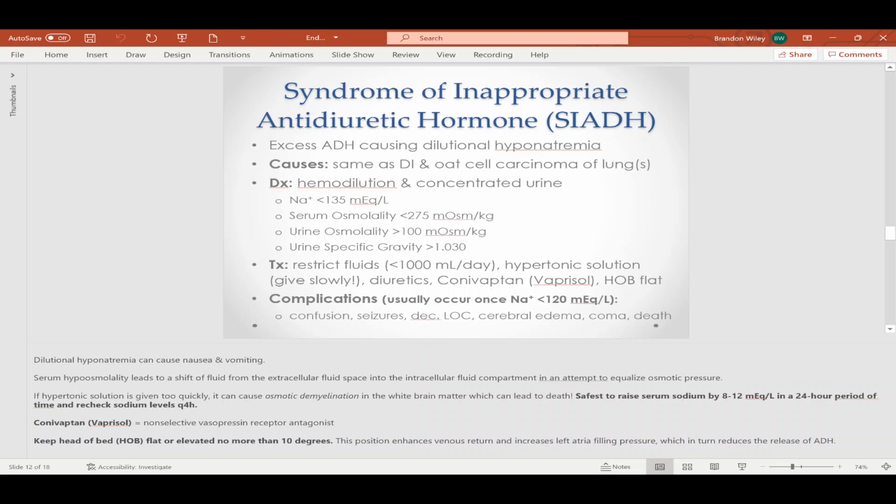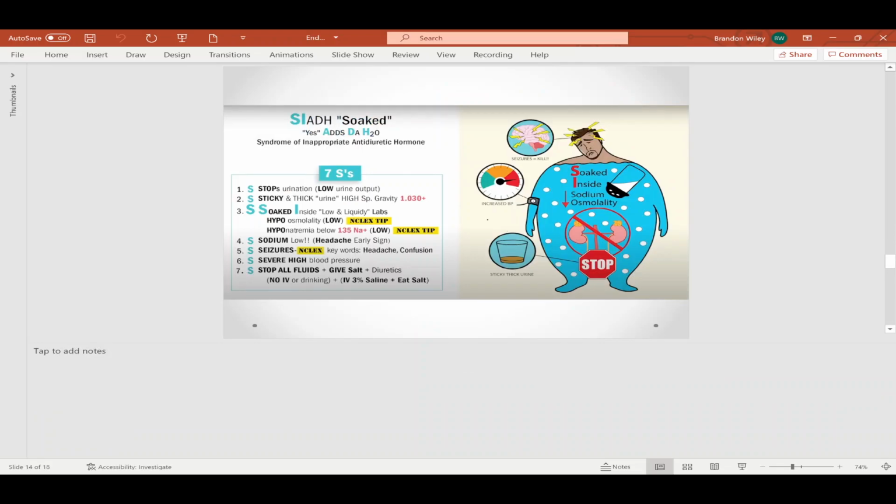All right, so to kind of recap the two. So, look, he is more than overloaded, he's drowning in himself. So, there's 7 S's in SIADH. How I remember this, I was with a very fantastic neurosurgeon. I apologize, I get to work beside him because he is amazing.